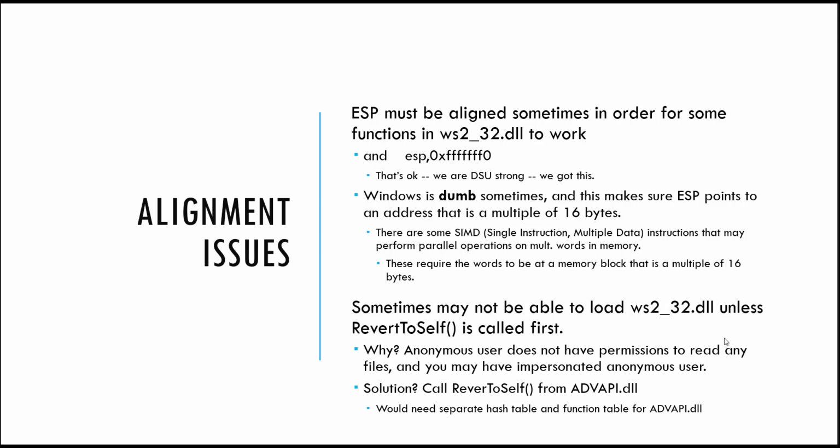But as it says right here, sometimes WS232 will not load unless this function from this DLL has been called first. The reason is that as you're trying to load WS232, you're doing it as an anonymous user, and an anonymous user may not have the necessary permissions to read files.